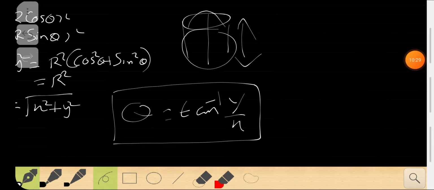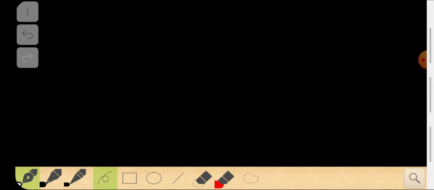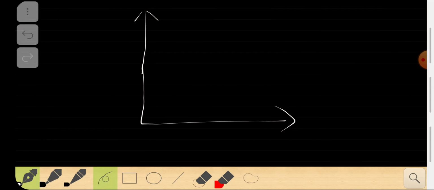Coming to spherical coordinates, or three-dimensional, let's look at the three-dimensional Cartesian coordinate system at a bit deeper level. One more thing is that you always have to choose a right-handed coordinate system.